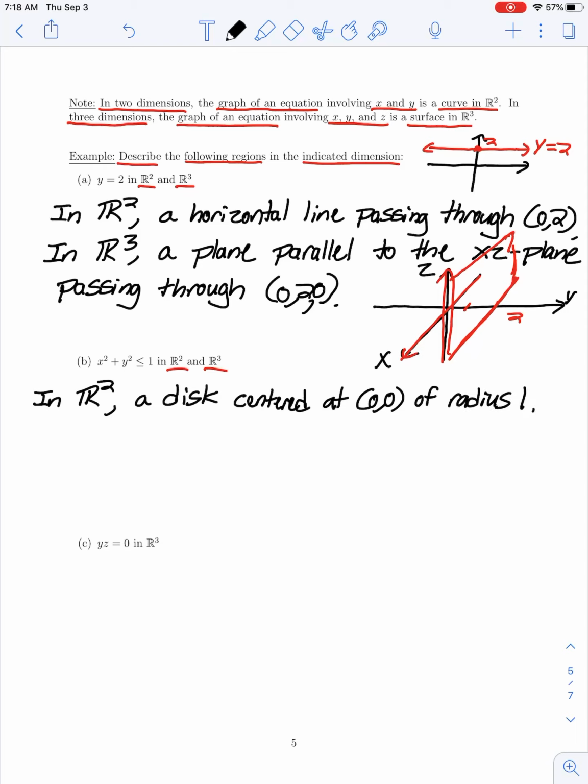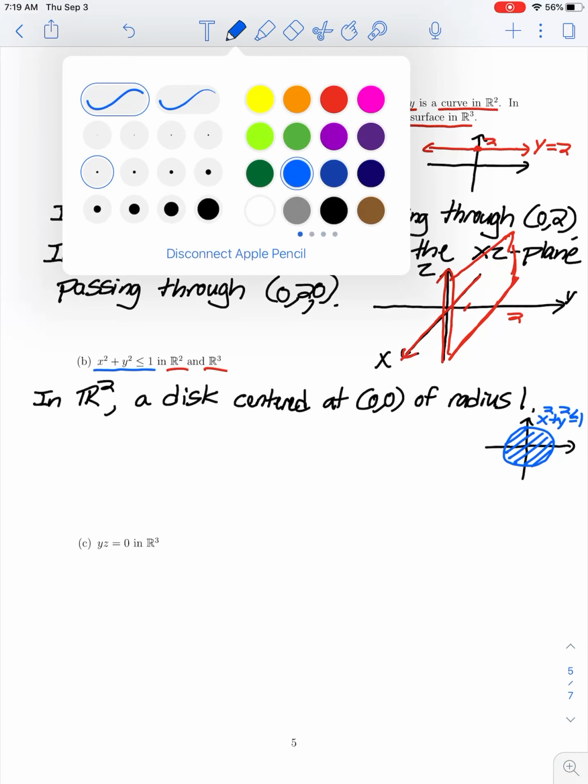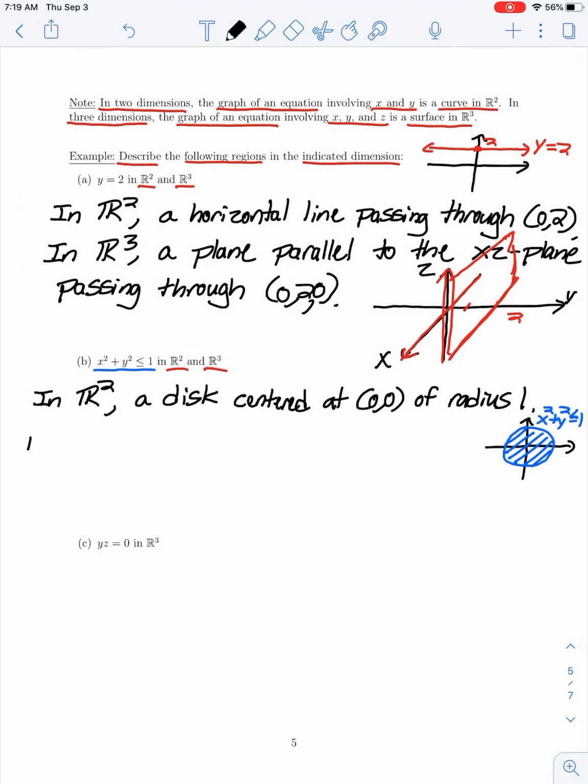So in this case, x squared plus y squared equals 1 would give us the equation of this circle. If we make this an inequality less than or equal to 1, we're looking at all points that would lie inside of this circle. Now let's think about what this represents in space.